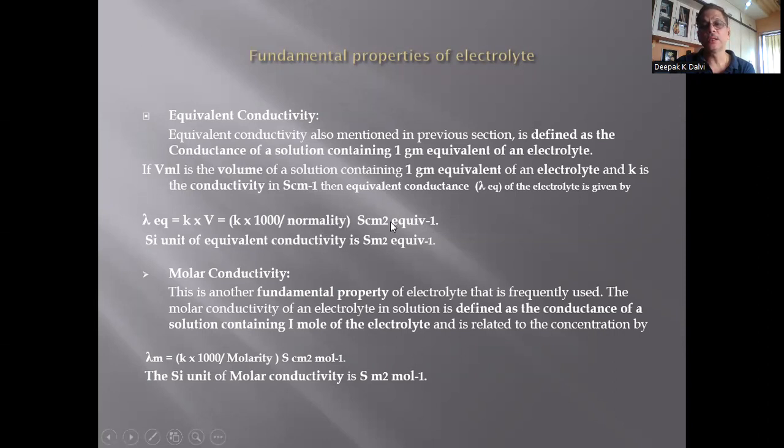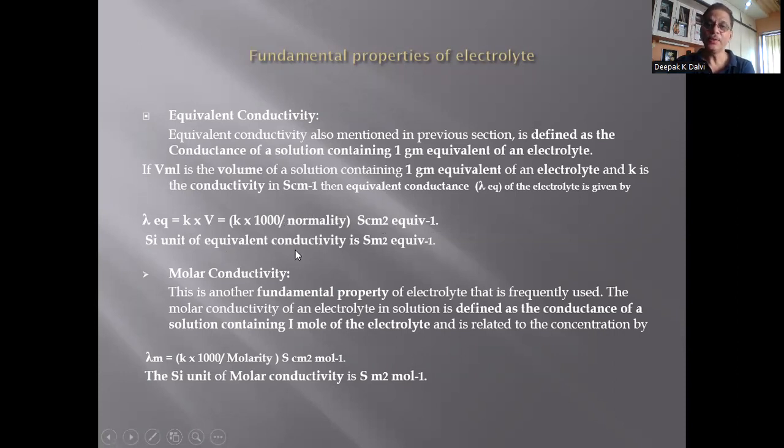So when it goes in the numerator, it will be equivalent to the power minus 1. And the conductivity unit is S cm square.